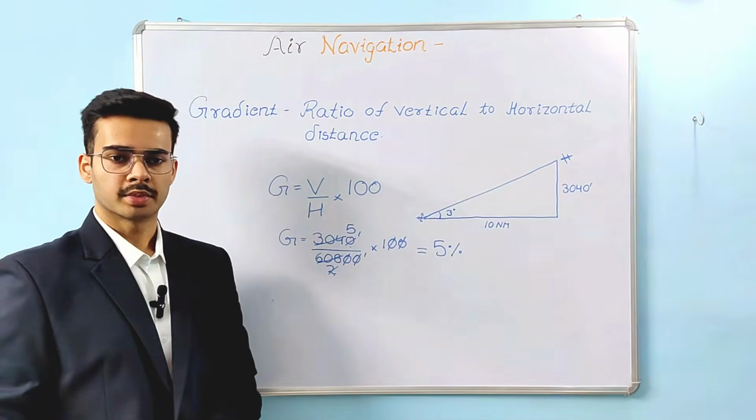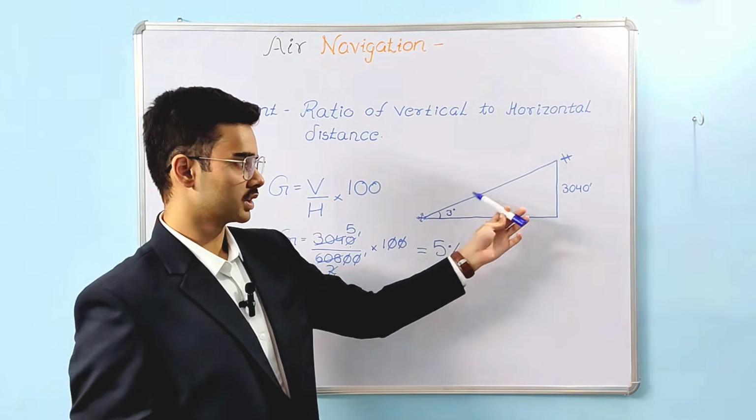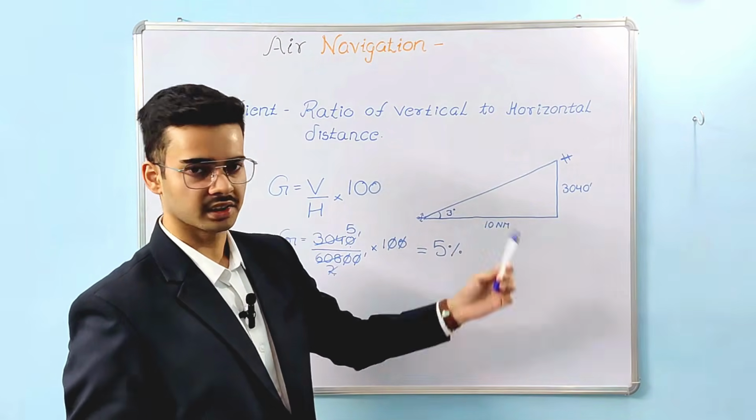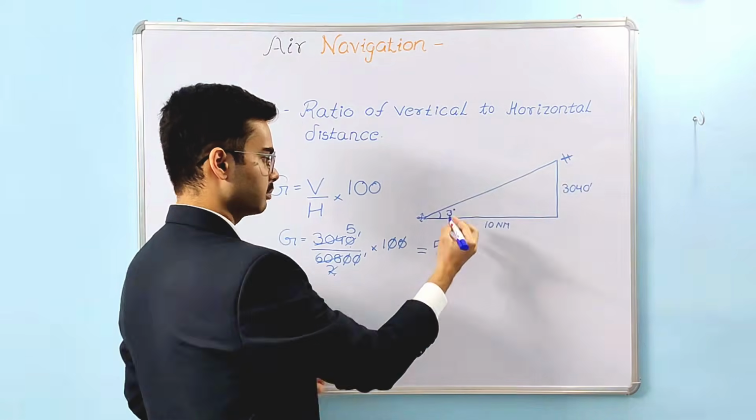It equals 5%. The gradient of the same glide path, which was 3 degrees, could also be written as 5%.